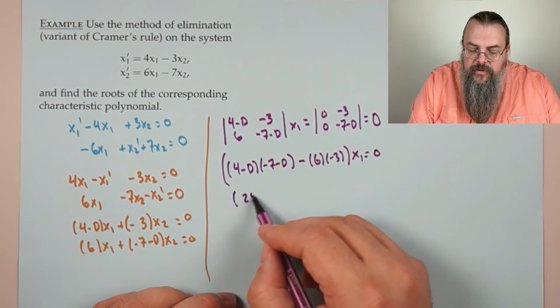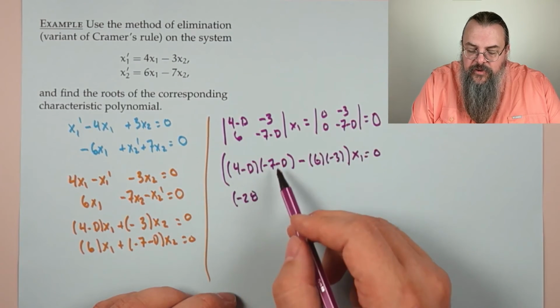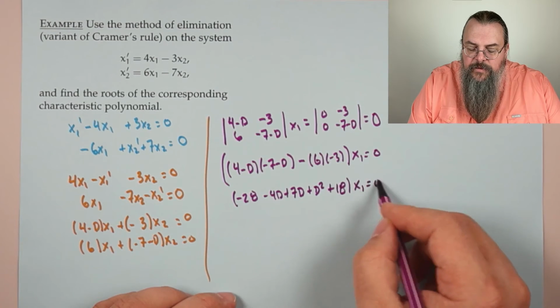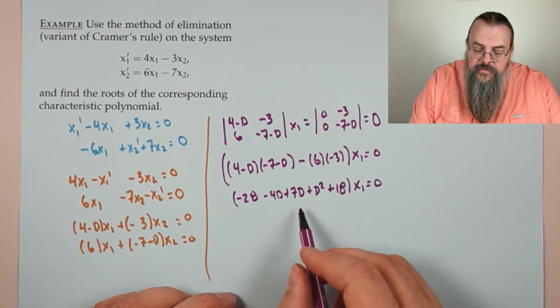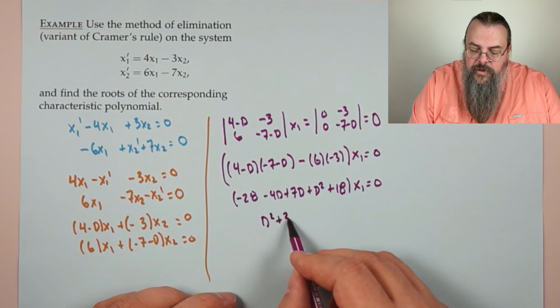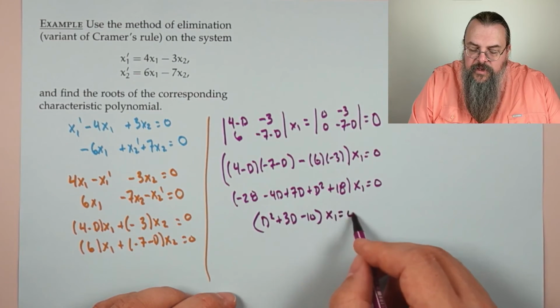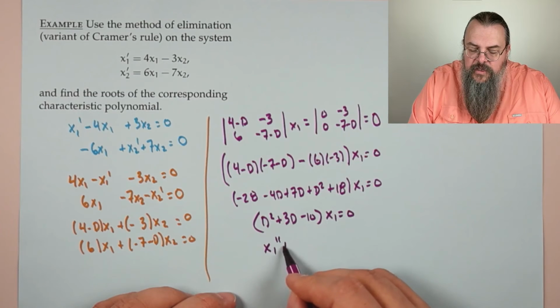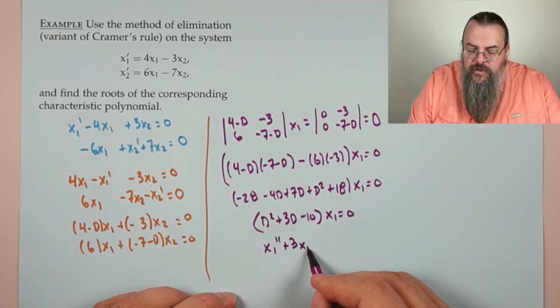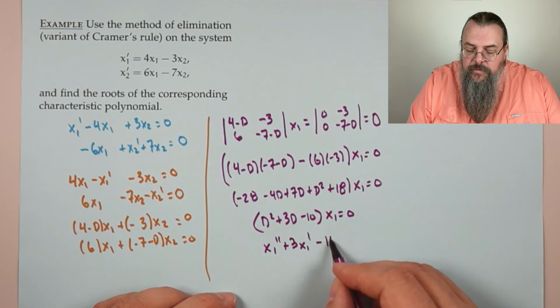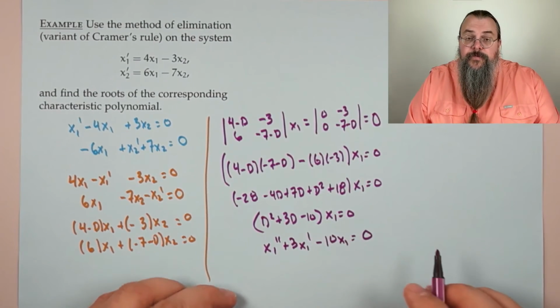And, okay, so that's minus 28 minus 4D plus 7D plus D squared, and then plus 18, times x1 equals 0, which becomes (D squared plus 3D minus 10) times x1 equals 0, which leads us to the equation x1 double prime plus 3x1 prime minus 10x1 equals 0.